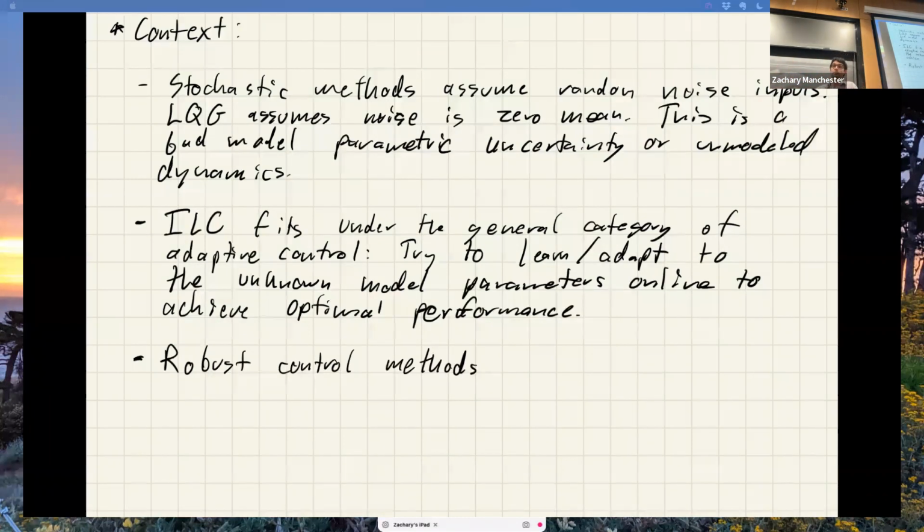In a robust setting, you say, I'd like to achieve this level of performance, but really I need to achieve the best performance I can across any possible realization within the bounds. So you end up doing worse on your performance metric in order to achieve robust stability across all the possible models. Okay, any questions about that set of ideas?